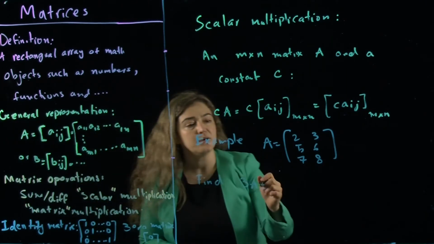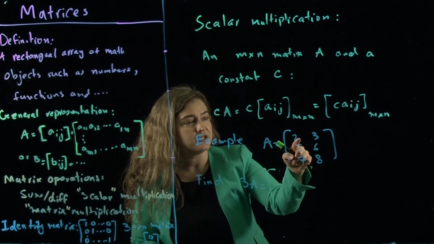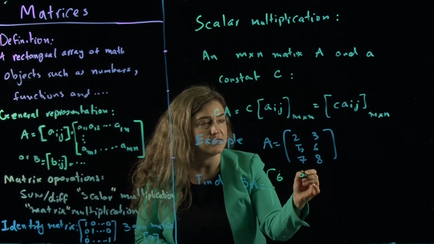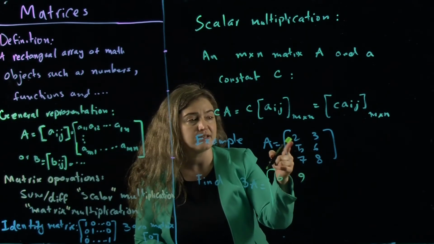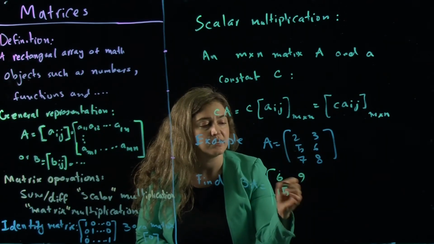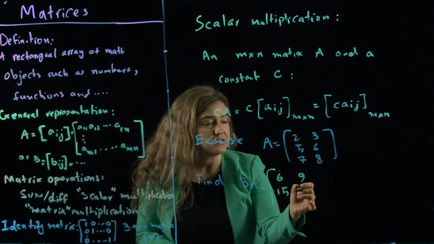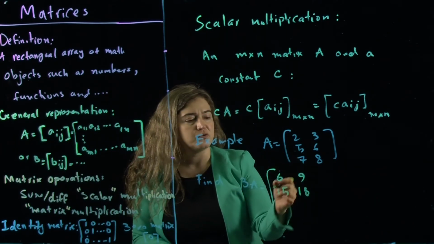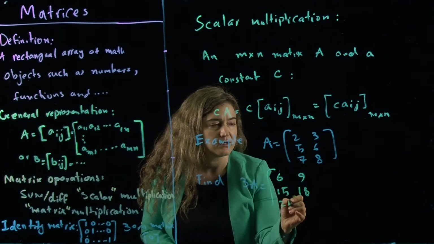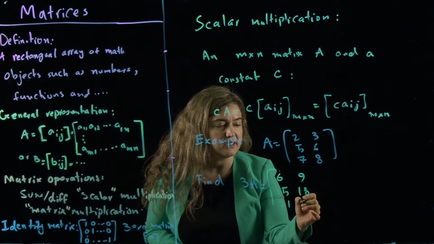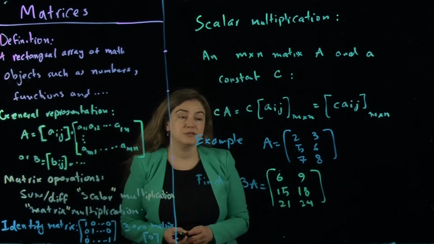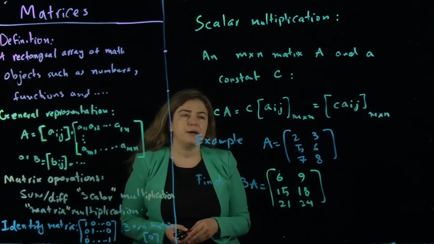Okay, so in this case, I have to multiply each entry. 3 times 2, 6. 3 times 3, 9. 3 times 5, it's the entry 2,1 goes in 2,1. 3 times 6, entry 2,2 goes into entry 2,2. 3 times 7, 3 times 8, and this is the resulting matrix.